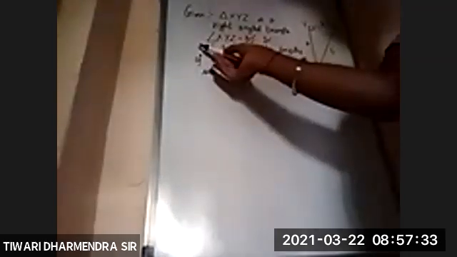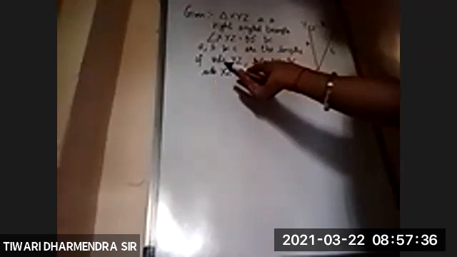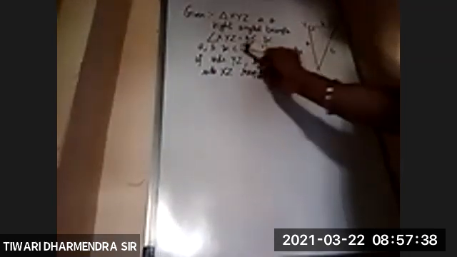Respectively means the first length corresponds to the first side, second to second, third to third. That's why we have said respectively.